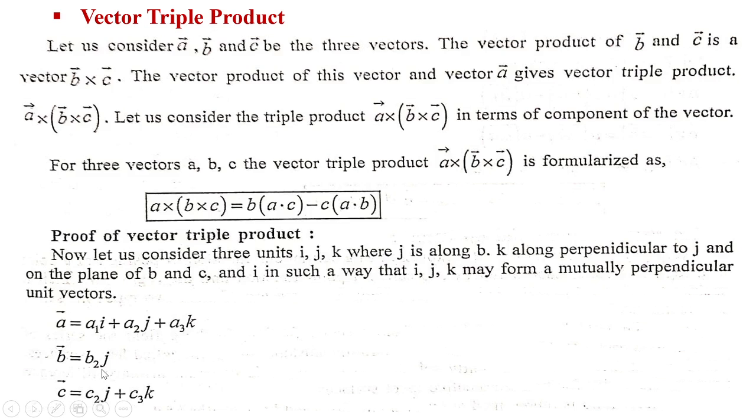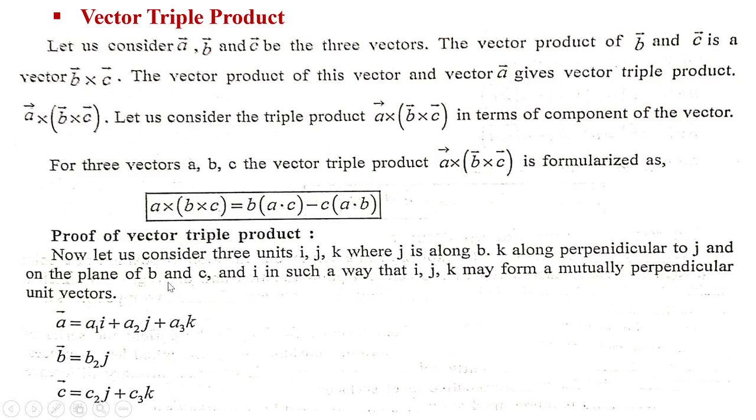In b bar equal to b2j, b1 is 0. See here, b2, the jth component.